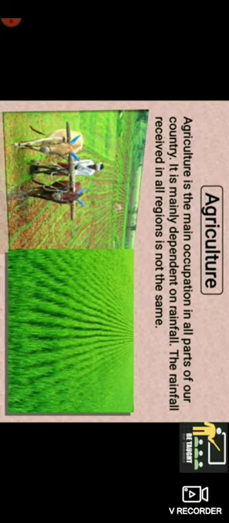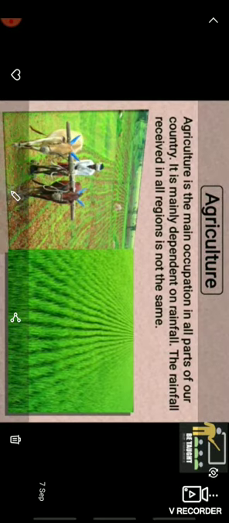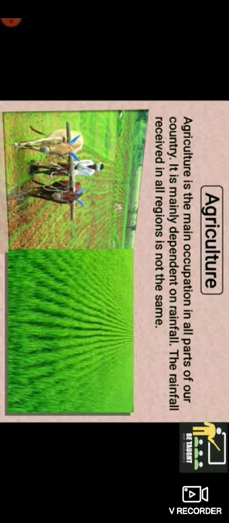So agriculture is the main occupation in all parts of our country. It is mainly dependent on rainfall. On which factor does it mainly depend? On rainfall. The rainfall received in all regions is not the same.